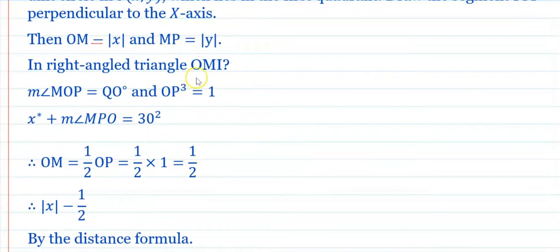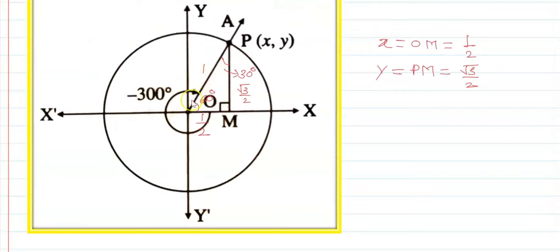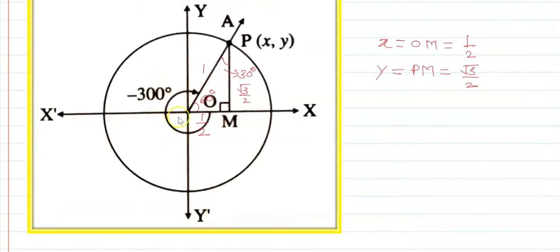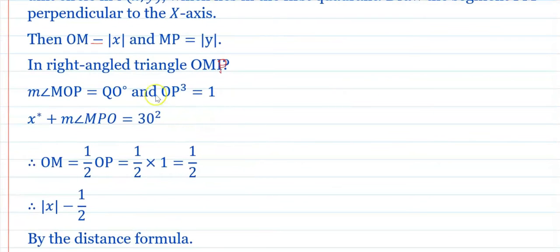In right angle triangle OMP, the measure of angle MOP is equal to 60 degree, and OP is equal to 1.